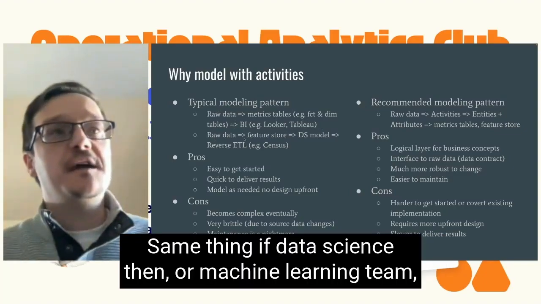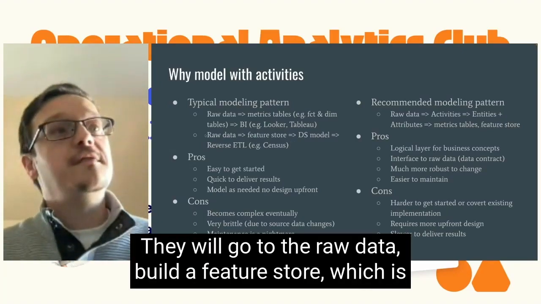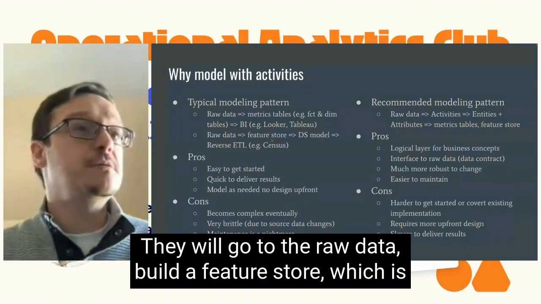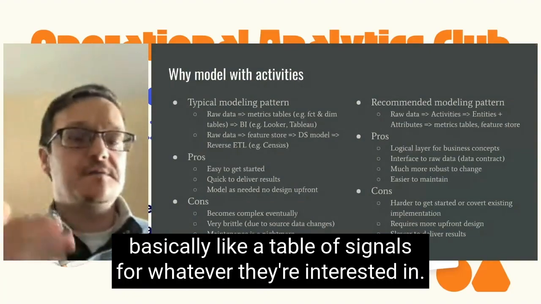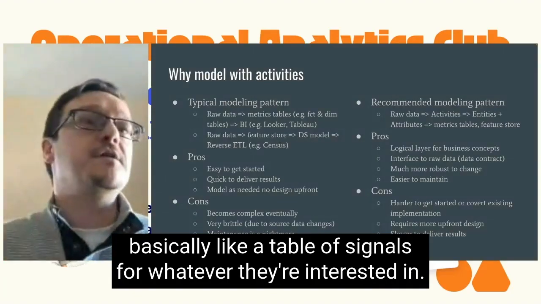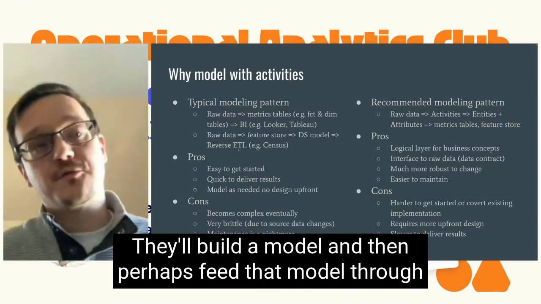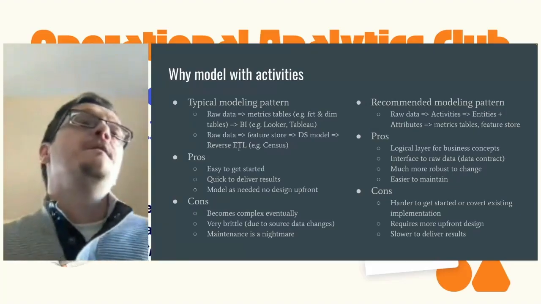Same thing, if a data science or machine learning team wants to build a model, they will go to the raw data, build a feature store, which is basically a table of signals for whatever they are interested in. They'll build a model and then perhaps feed that model through reverse ETL to a tool like Census.